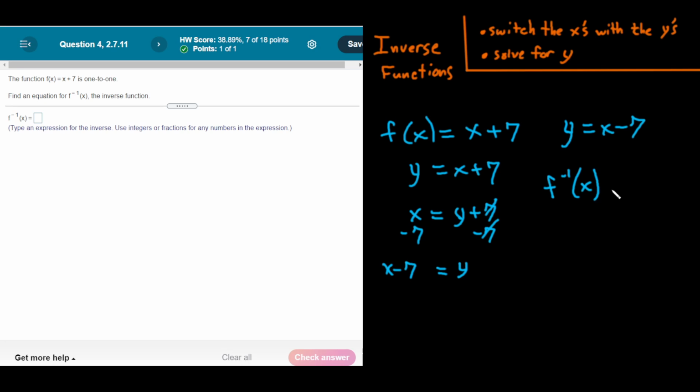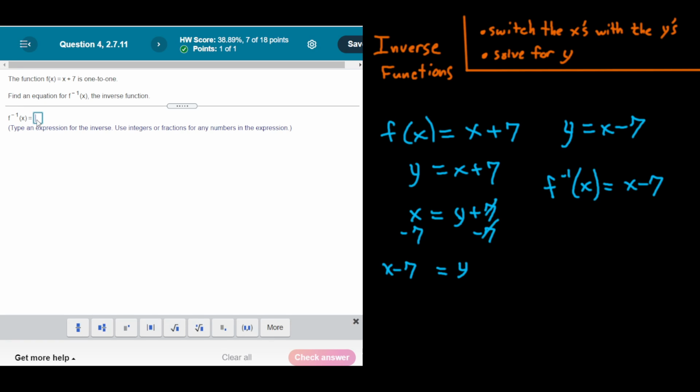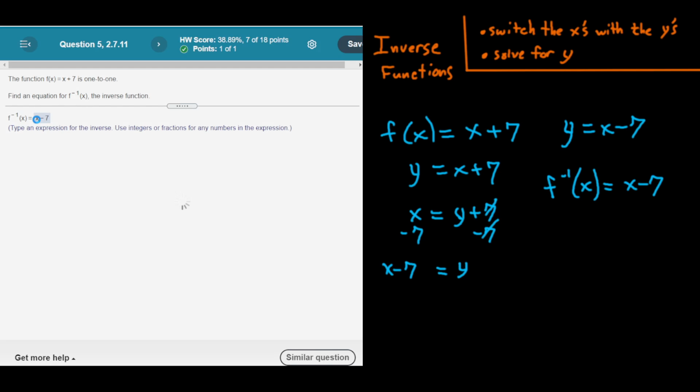You have your x. You basically change your y into f inverse of x. And you get x minus 7 still. So this is our inverse, x minus 7. If you were to plot those, you would see that one is a reflection about the origin. And more than likely, they're going to give us one of those.